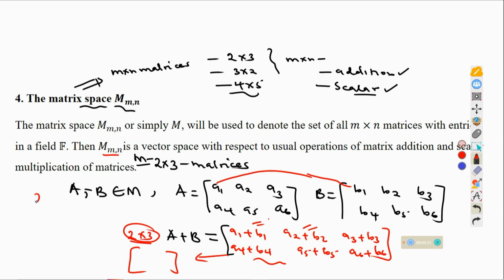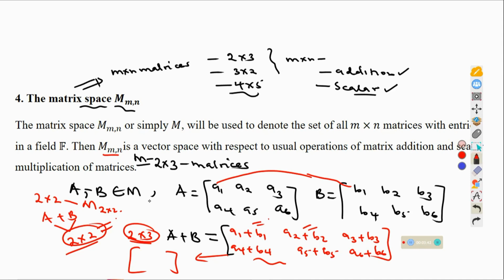Likewise, when you add a 2 by 2 matrix with a 2 by 2 matrix, you will get a 2 by 2 matrix, which means that the result will still lie within that given space of 2 by 2 matrices.